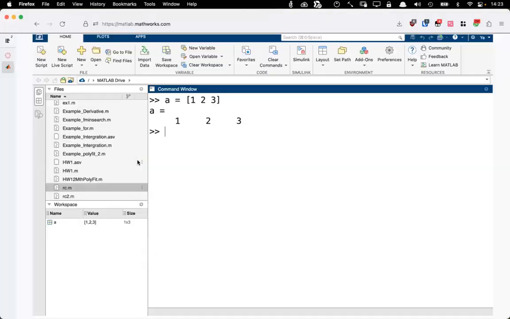Length A is 3. Length A will get the maximum number from the size. Size has two numbers, the row number and the column number. So length A will get the maximum number between the row number and the column number.